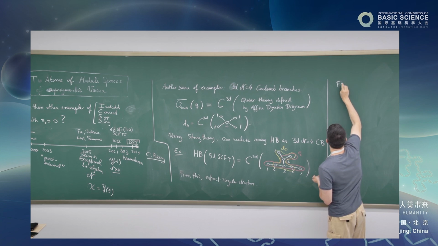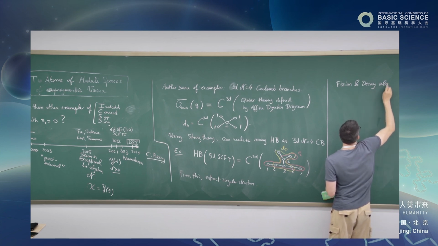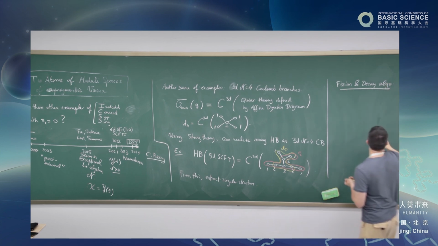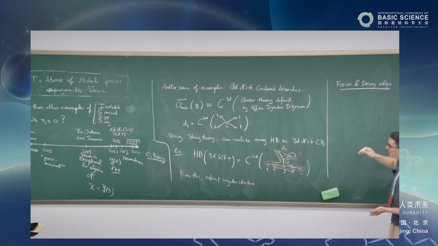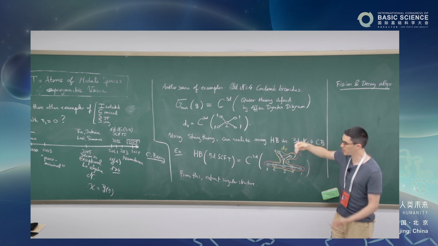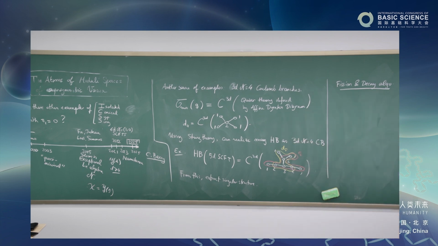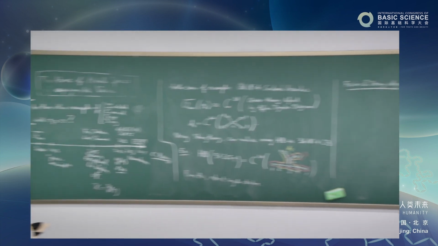There is the fission and decay algorithm, which we wrote with Marcus and Zhenghao, who is also in the audience. This algorithm allows, without knowing in advance what the possible isolated singularities would be, to know the stratification without doing anything.